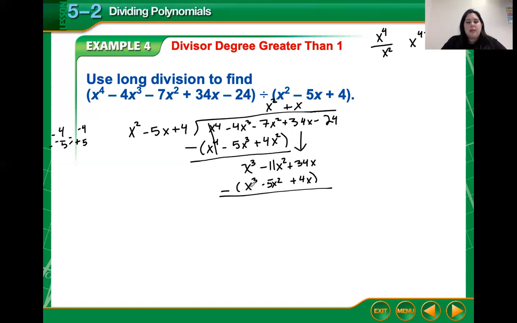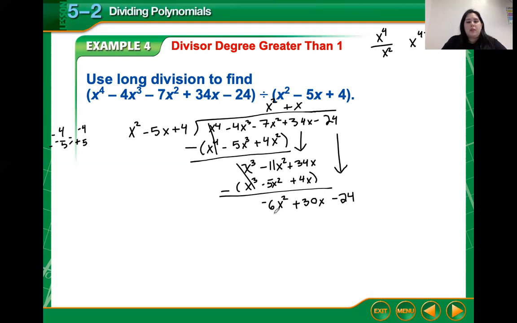X cubed minus x cubed is 0. -11 minus -5 is really -11 plus 5, which gets me -6. Keep my x squared. 34 minus 4 is positive 30, so 30x. And then we bring down that -24.